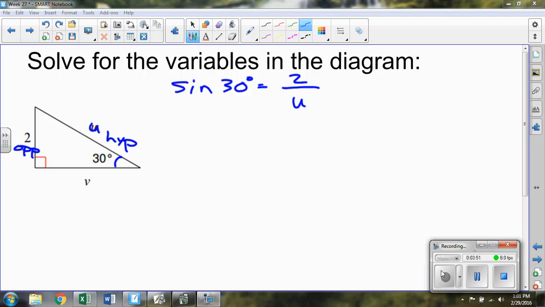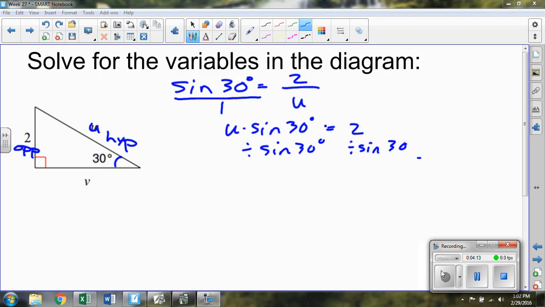This particular one, we actually saw that there are 5 different ways to solve it, and one of the most popular ones was to simply create the proportion and cross multiply. u times the sine of 30 degrees equals 2. And then dividing to cancel out that multiplication led us to u equals 2 divided by the sine of 30 degrees, which isn't a big deal.